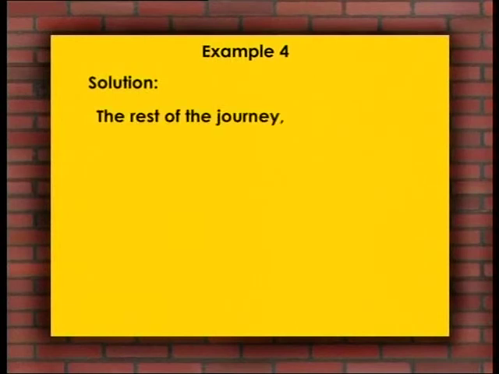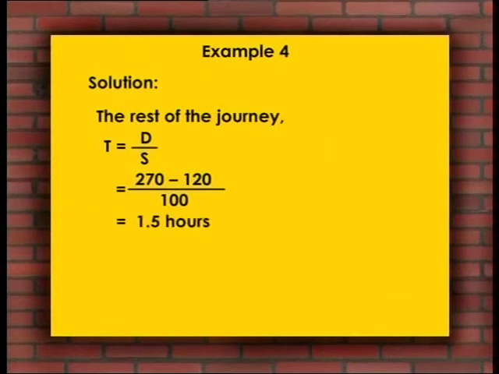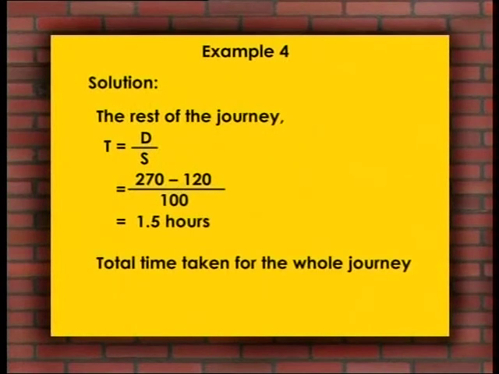The rest of the journey, t equals d over s equals 270 minus 120 over 100 equals 1.5 hours. Total time taken for the whole journey equals 1.5 plus 1.5 equals 3 hours.